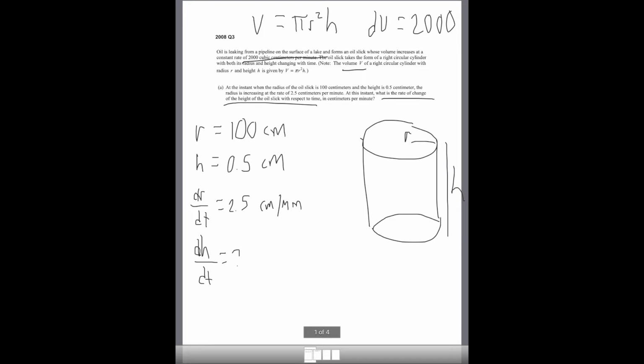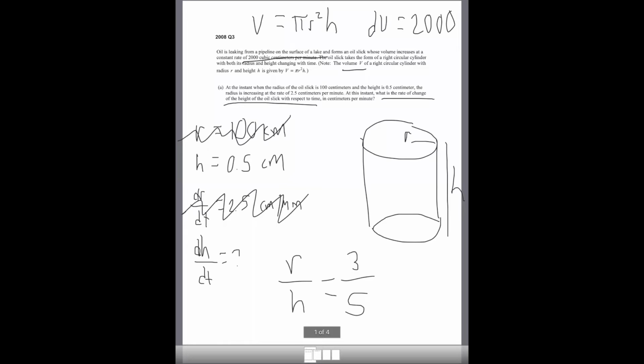And that will help you if, for example, let's say that you weren't given R. Julia, are you following along? Yeah. Right. So if you're not given R, what are you going to do? You have nothing to plug in for R. You have to make the R's an H. And we know that R over H would be some number over another number, and that's how you'll do it.